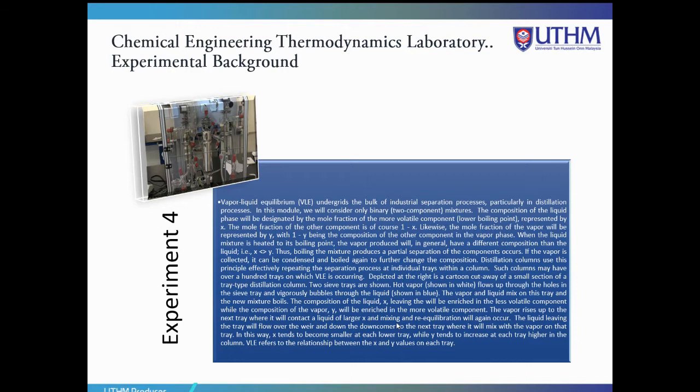So for experiment 4, the objective is that we want students to study the relationship between pressure and temperature of vaporization of a fluid. And then we want students to be able to measure the resulting changes in temperature and pressure.